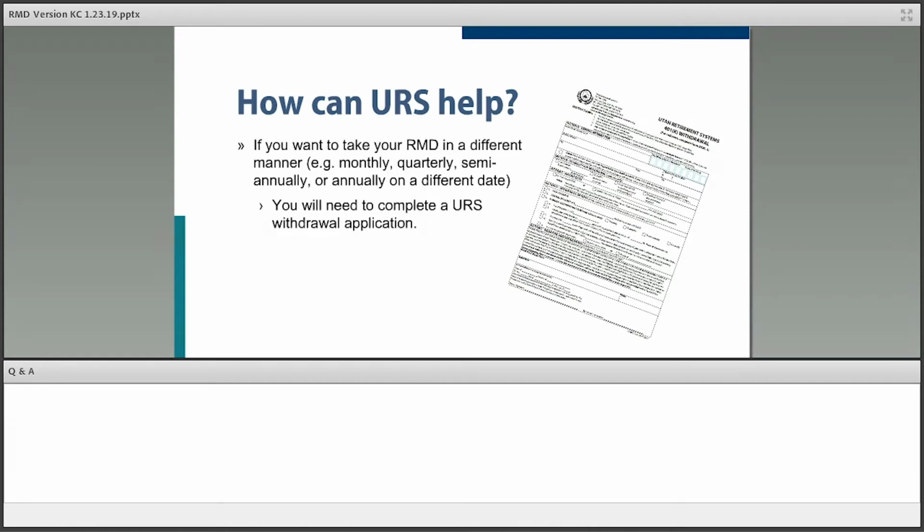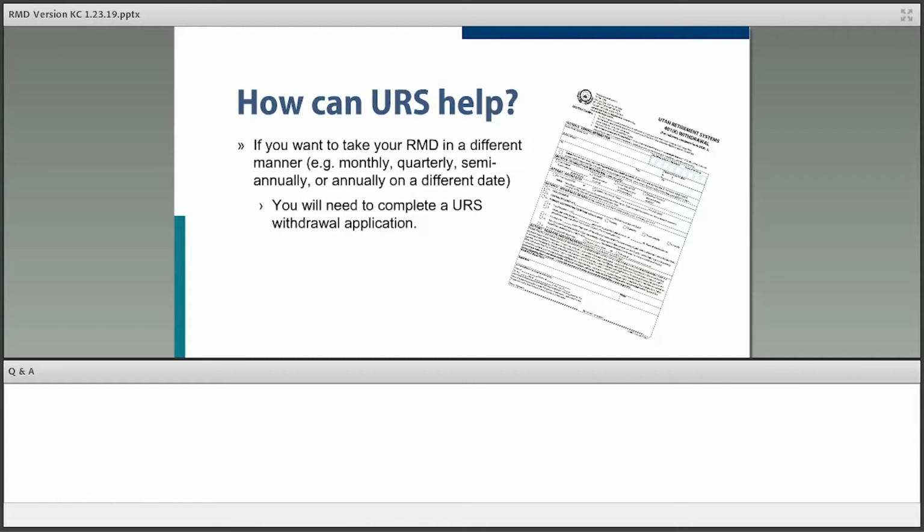One of the questions that comes up when we set up those required minimum distributions at the beginning of each year, as I mentioned, we set them up to go out automatically at the end of November in just one payment. Sometimes people will call us and ask, is it possible for me to take that required minimum distribution monthly, quarterly, or semi-annually?